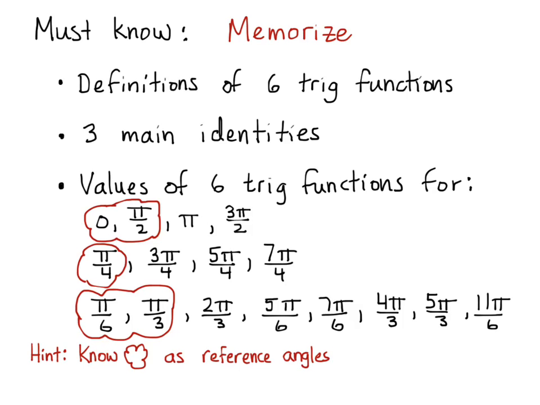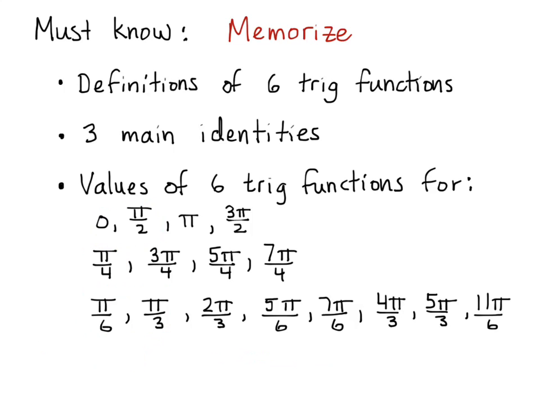Okay, so we have 1 minute, and I'm going to just show this out. These are the things that you have to know. The definitions of the 6 functions, the 3 main identities, the ones I just showed you, and then the values of the 6 trig functions for all those angles.